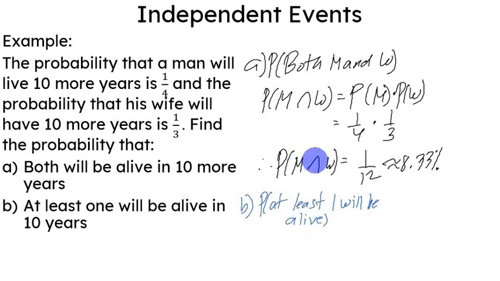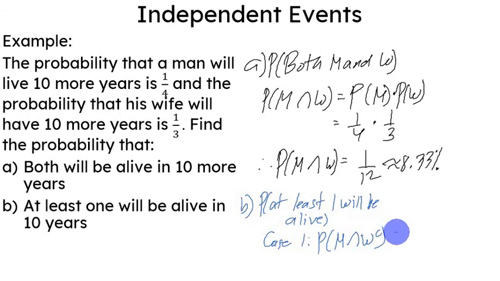If at least one is alive, therefore, it's either the man is alive, the woman is alive, or both of them are alive. And that's actually 3 cases. So let's list that down. Case 1. It's the probability that the man is alive, but the woman is not. So the man is alive and the woman, or the wife, is the complement. The woman is not alive.